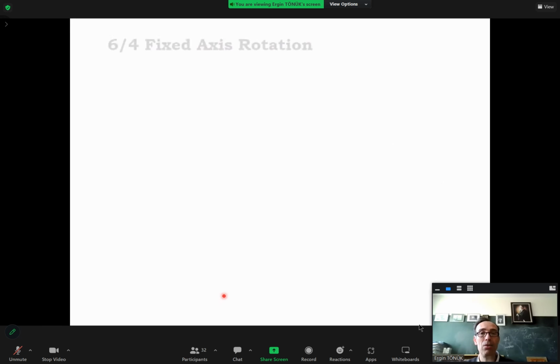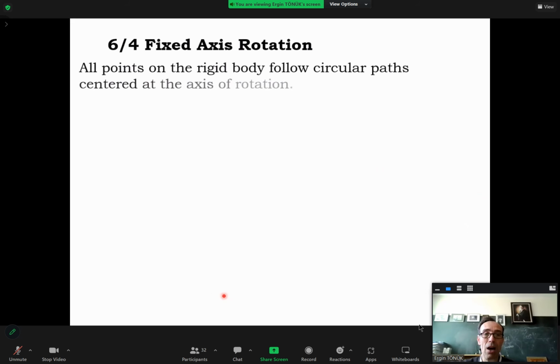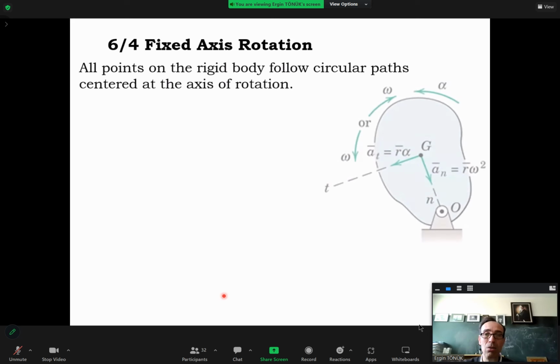Okay, then we may discuss fixed axis rotation. Now, in fixed axis rotation, all points on the body follow circular paths centered at the rotation axis. The same is true for the mass center. Well, let's not consider this omega.